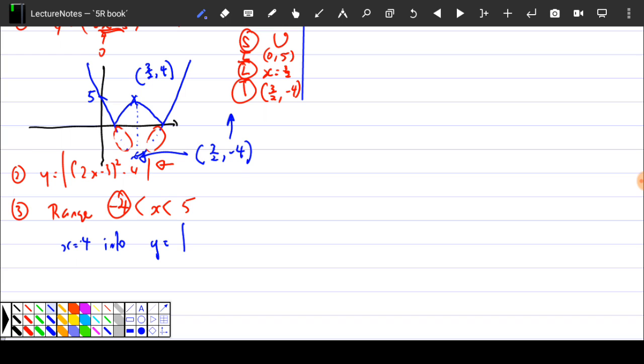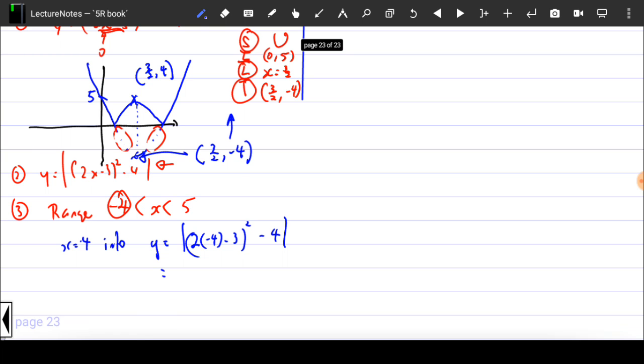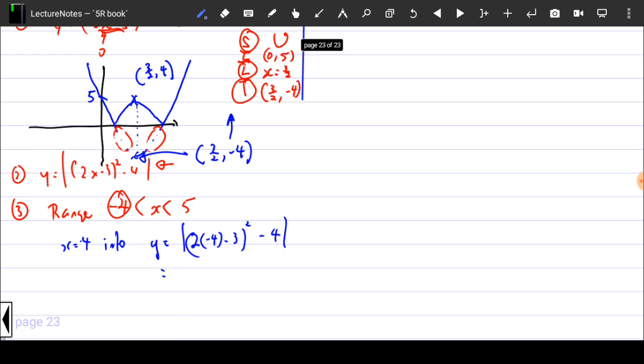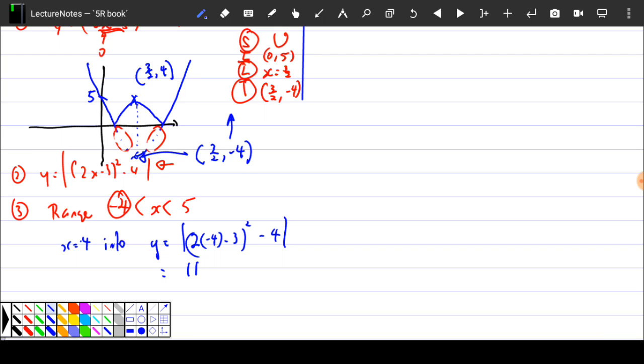So y equals modulus of (2 times negative 4 minus 3) bracket squared, minus 4. So I press the calculator. This will be negative 8... Wow, quite big. Negative 11 squared, 121. 121 minus 4 will be 117.